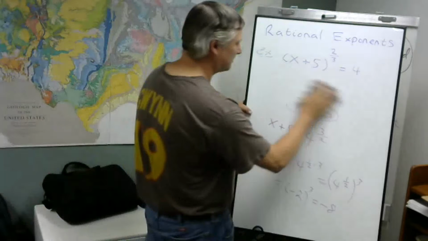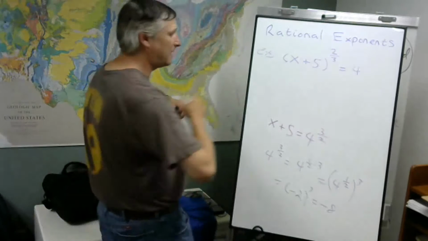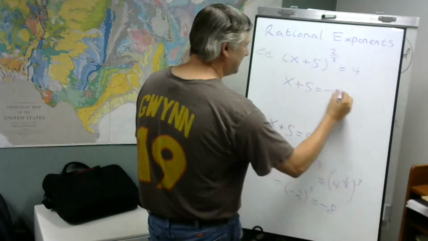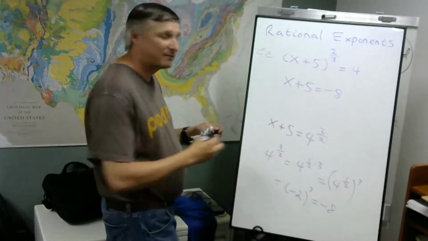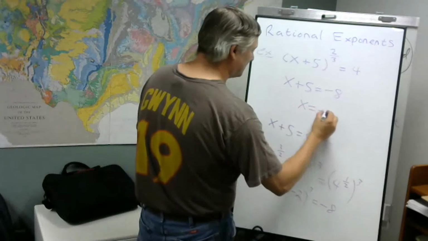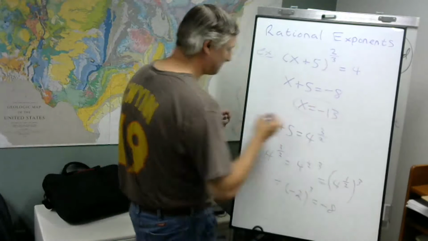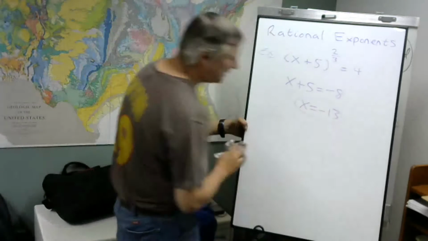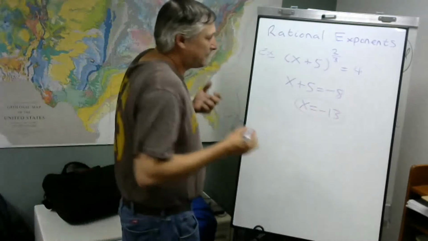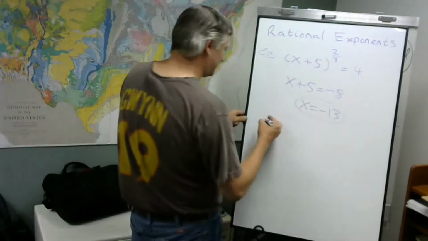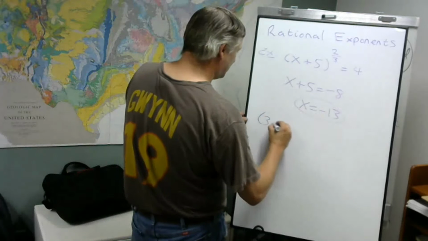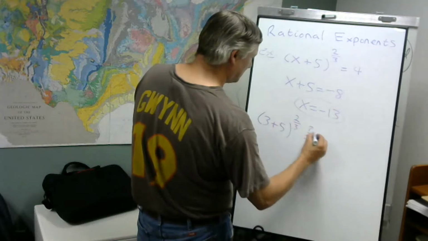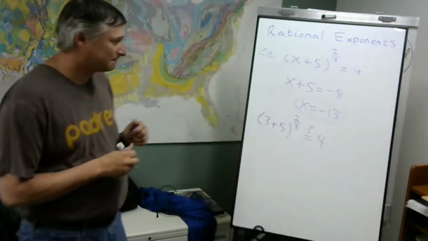So now we get x plus 5 is negative 8. Subtract 5 from both sides. Negative 13. So we get 2 answers here. And again, you do want to check them. So let's say we're going to check x is 3. So it was 3 plus 5 to the 2/3 equal to 4.